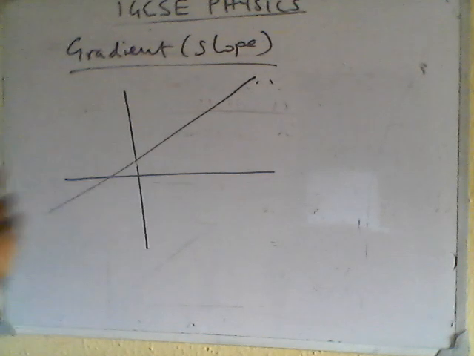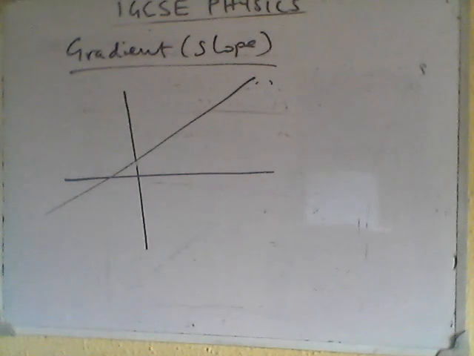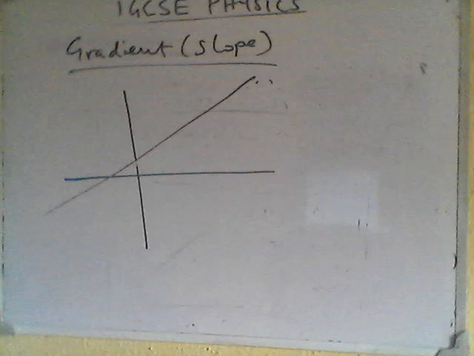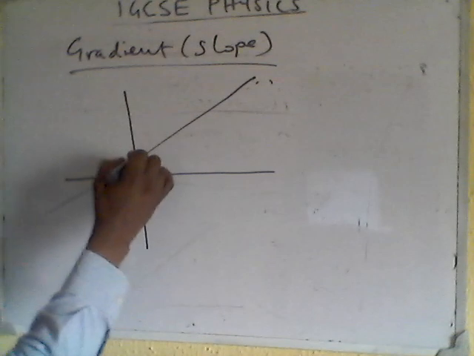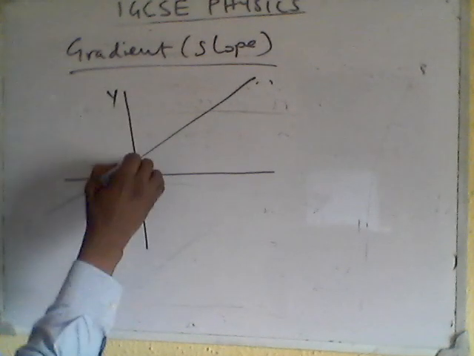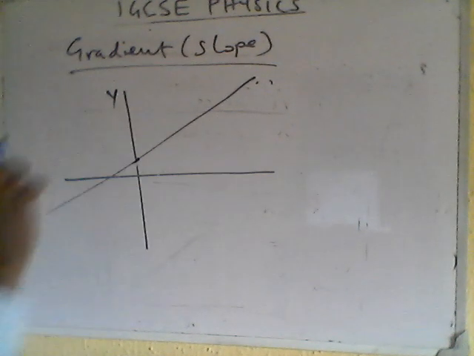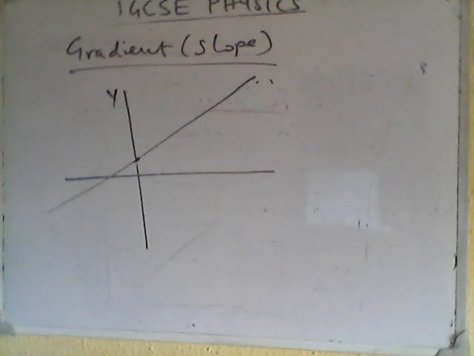So you can tell the type of relationship you're having. The y-intercept is where the line cuts the y-axis, at x equals 0. This is another definition. It cuts the y-axis where x is equal to 0. Very important you put that.